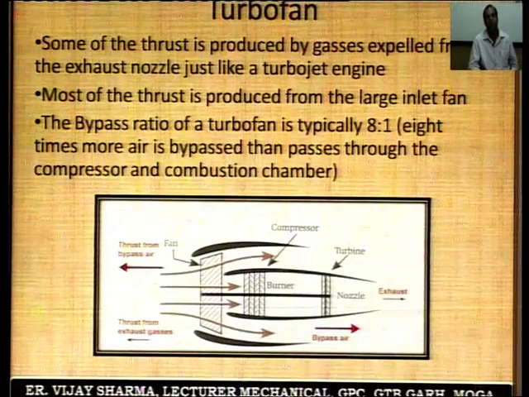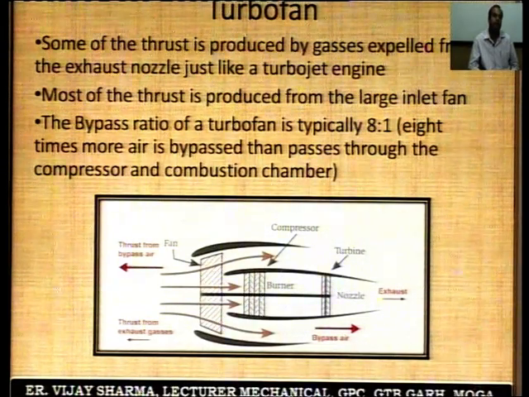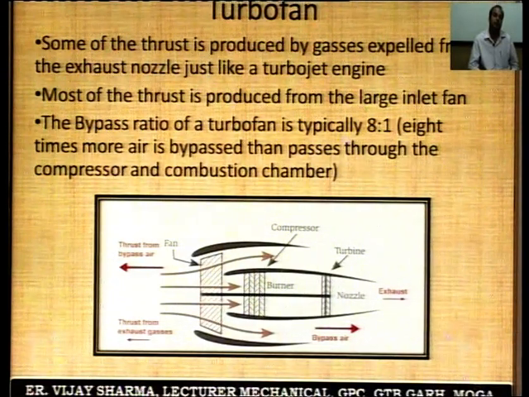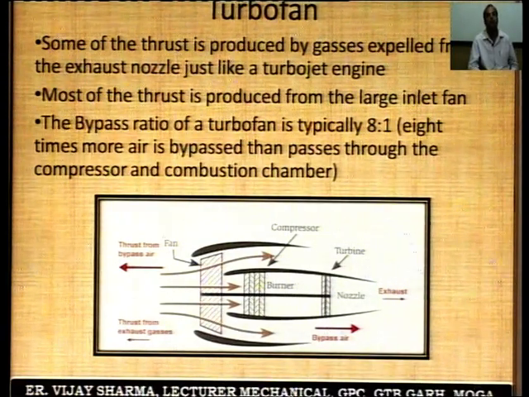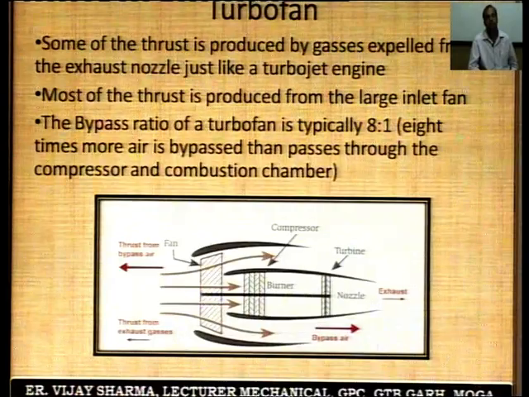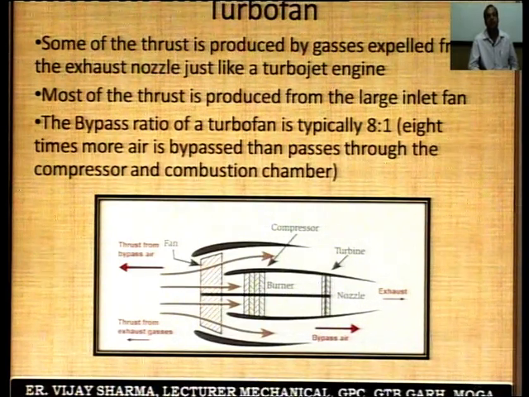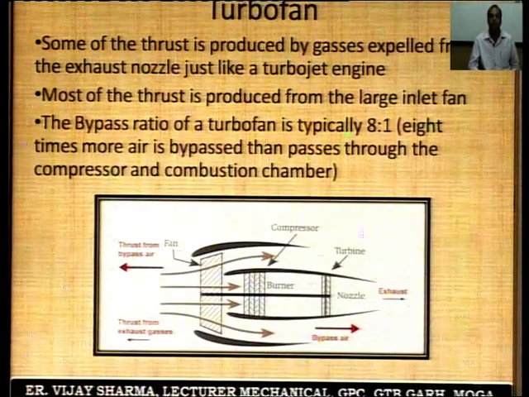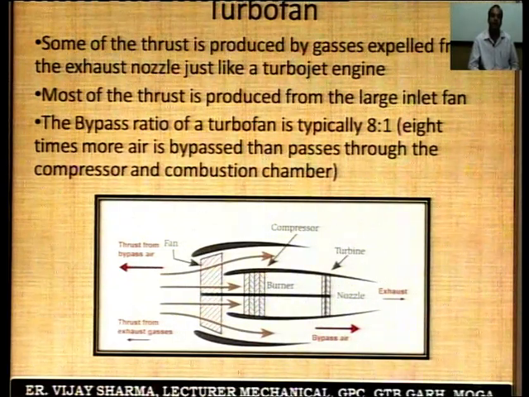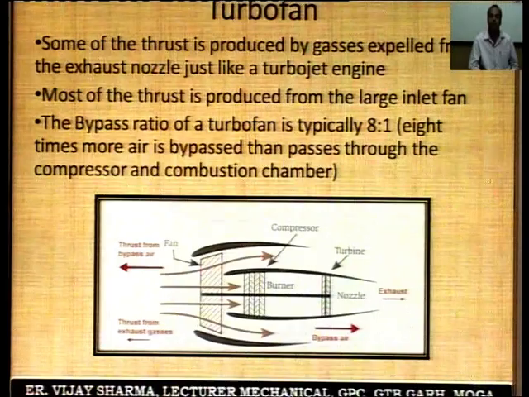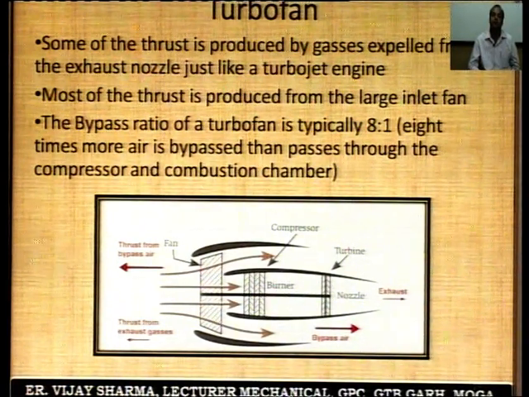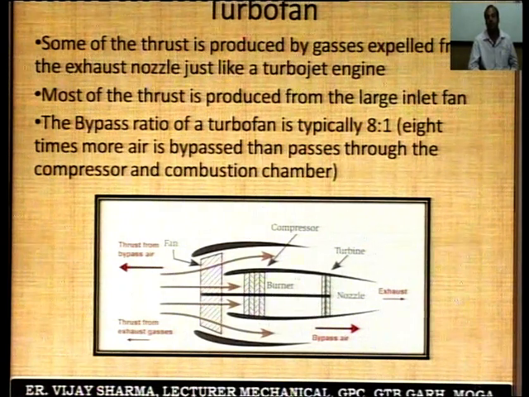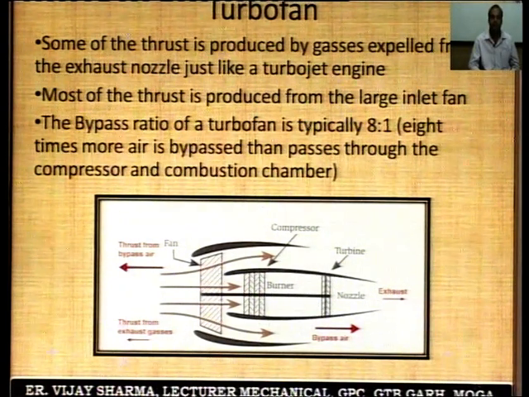This is the important point in turbofan engines. And third, the bypass ratio of the turbofan is typically 8:1. It means 8 times more air is bypassed than passes through the compressor and the combustion chamber. These are some basic differences between the turbofan and the turbojet engine.